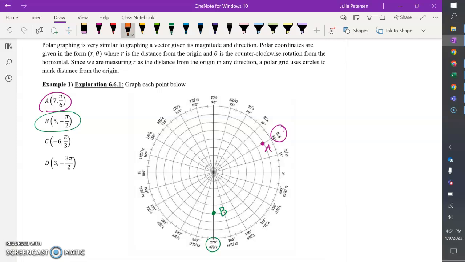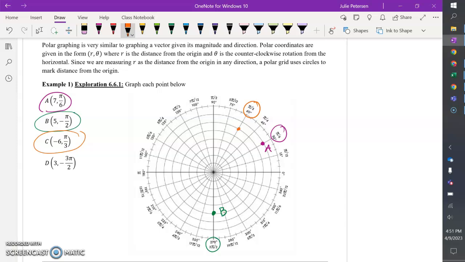When we look at the next one, this is actually where looking at that angle first can be really helpful. So you notice our r value is negative. So that's going to imply something about the way that we move once we figure out the angle that we're at. So let's first orient towards pi over 3. Now if this was just 6 comma pi over 3, we would simply count out 6 circles and put our point here.